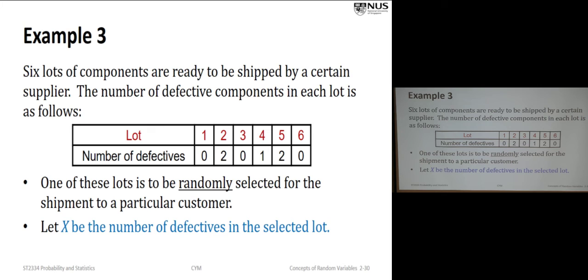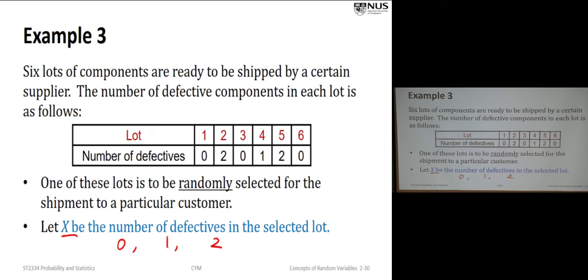If you select lot 1, X equals 0. If you select lot 6, X also equals 0. So here it is. X takes the value 0, 1, and 2. All right? Here's the equivalent event.